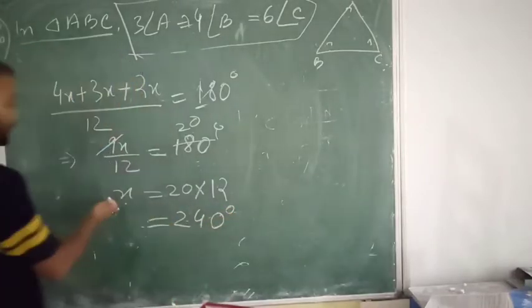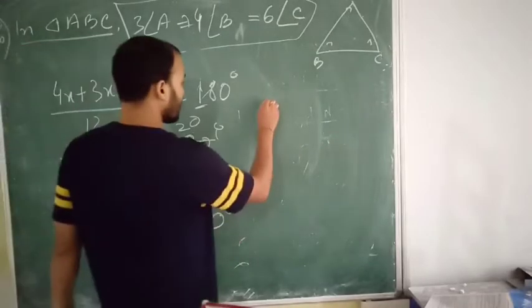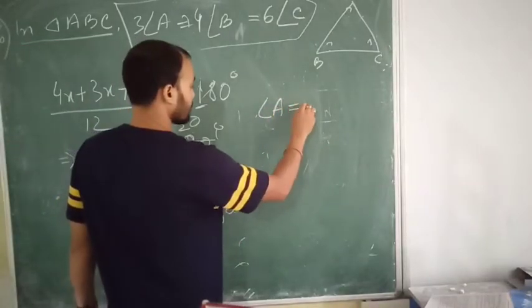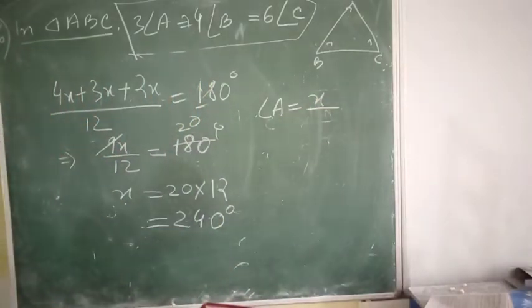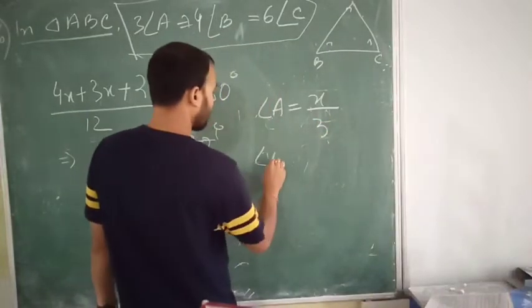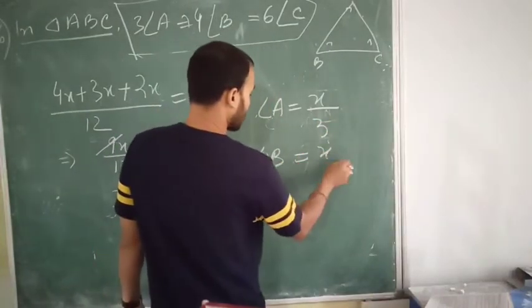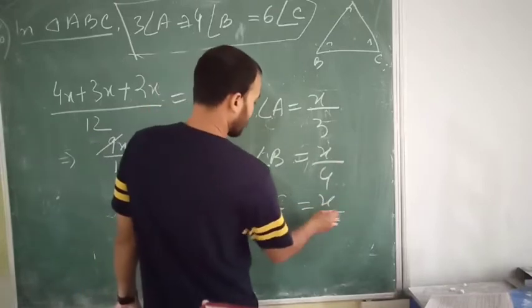Now, using this x, find the value of angle A. Angle A was x by 3, angle B was x by 4, angle C was x by 6.